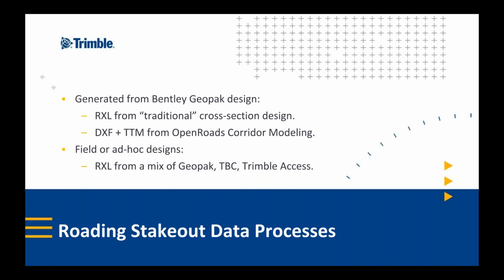And then our other workflow is more of our quick field ad hoc designs, where that could be a mix of different tool sets. We might be using some GEOPAK tools, Trimble Business Center, Trimble Access, a combination of any of those, depending on what kind of data we've got in there. But typically, we would be looking for a road XML file to come out of that process that we can stake from.